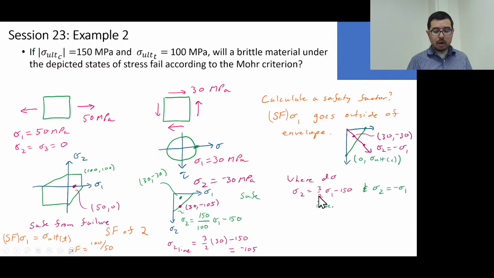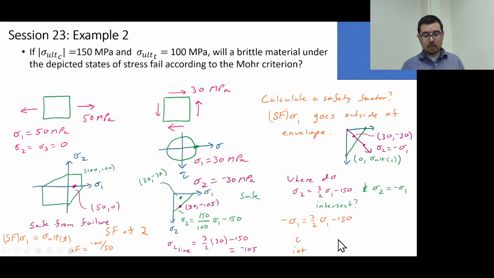So where do these two intersect each other? That's really the question. We have a line here and another line here, and we want to find where they intersect. So we just substitute in. The easiest thing to do is say sigma 2 is equal to minus sigma 1. I put in minus sigma 1 over here, and I solve for sigma 1. So here we go. And so the intersection is equal to 60.